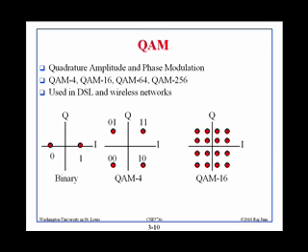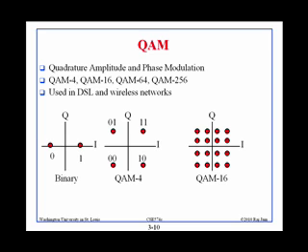Now for 64, you have 8 by 8. For 64, somehow I want to get the number 6, and I am not getting 6. 2 raised to 6 is 64.